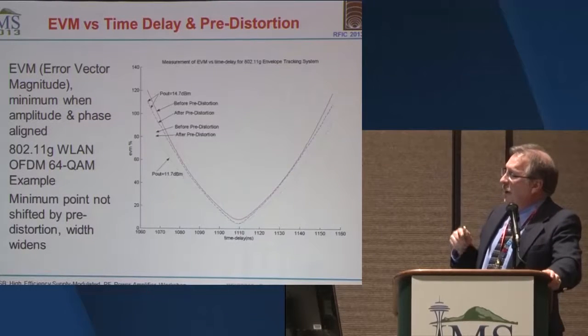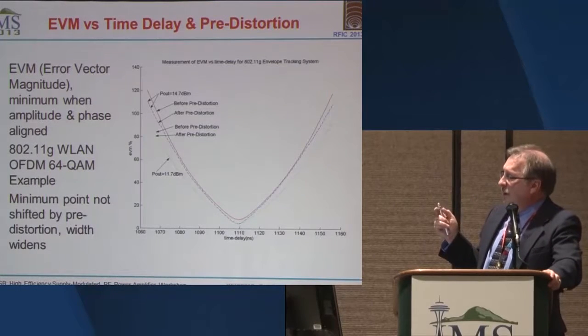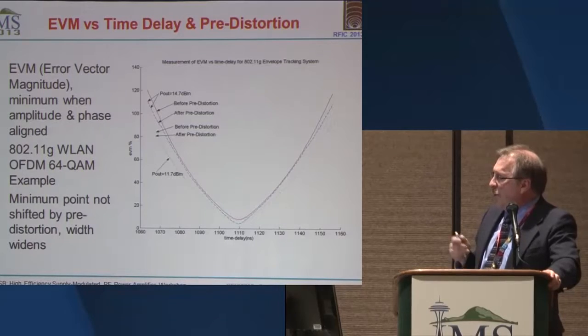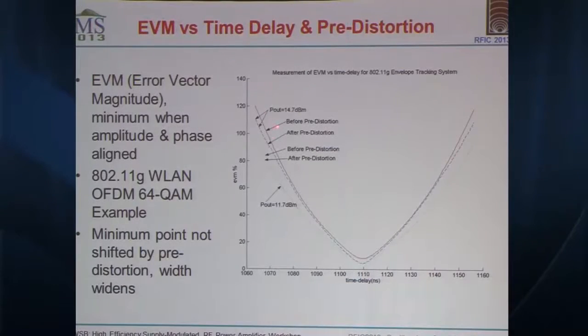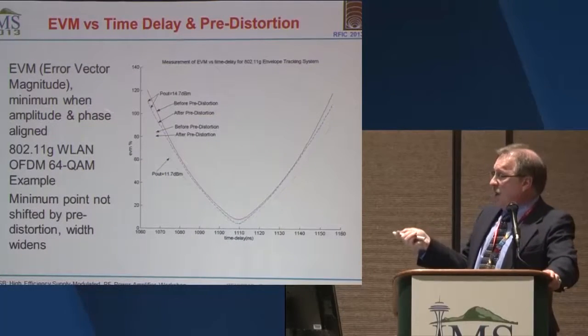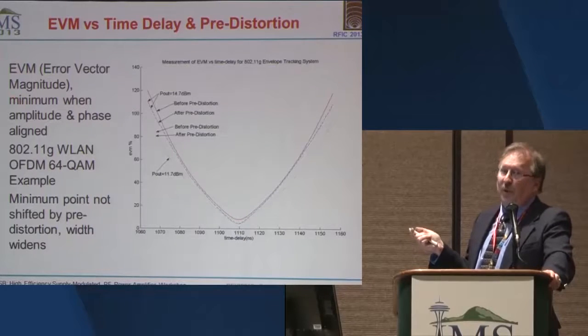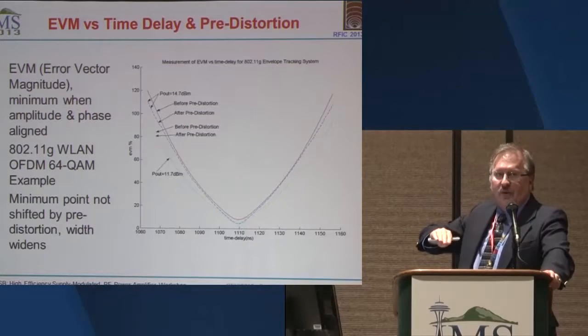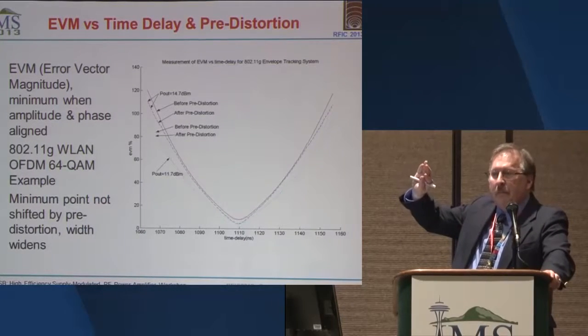But another interesting feature to this, and this is some work that Fei-Peng Wang did, you can actually monitor just about any one of your metrics, EVM, ACLR, normalized RMS error, and so on, and vary this time delay, and actually see the bottom of the bowl. You can watch it converge down to a minimum EVM and then come back up.